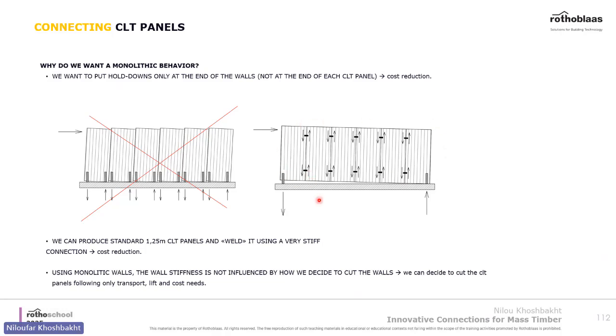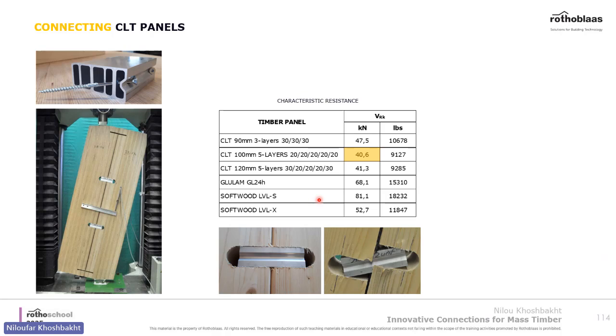And this is why a slot has been created, and it's been tested on different CLT thicknesses, glulam and LVL. For example, for 3-layer CLT, you get around 10,000 pounds of shear load. And this is the characteristic shear load here.